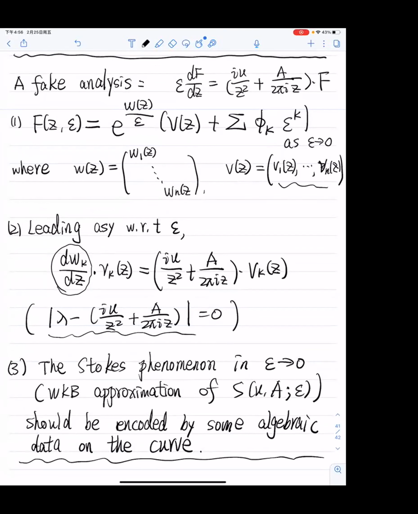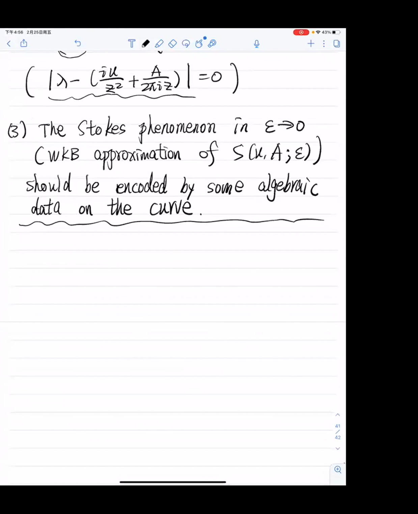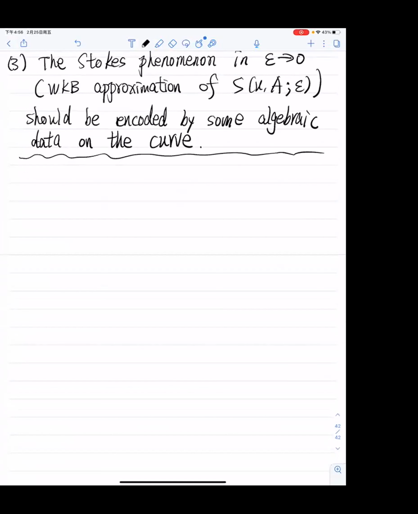So in the following, I try to give more sense to what I said on this page. First, let me give a quite precise conjecture which summarizes what I said, on how to understand this WKB approximation of global asymptotics.